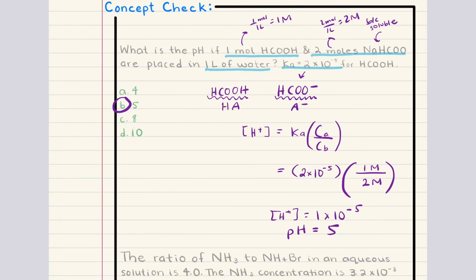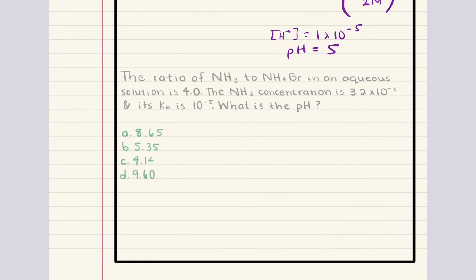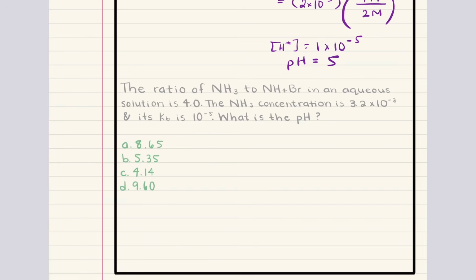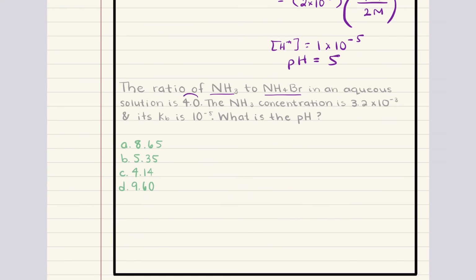The second problem asks, what is the pH of a 0.1 molar solution of methyl ammonium bromide if the ratio of ammonia to ammonium is 4.0, the ammonia concentration is 3.2 times 10 to the negative 3 molar, and the Kb for ammonia is 10 to the negative 5. I'm going to start by spotting the pattern.